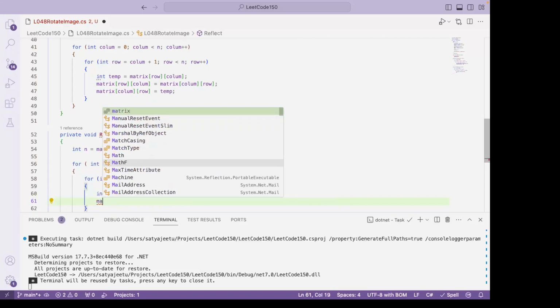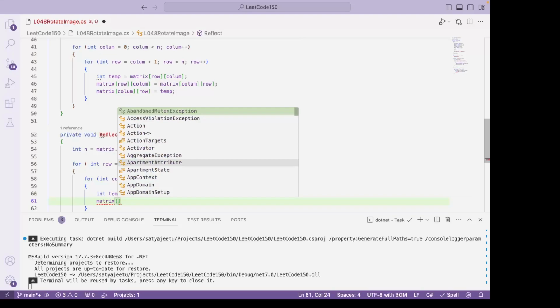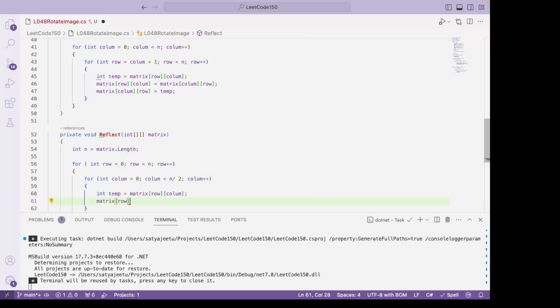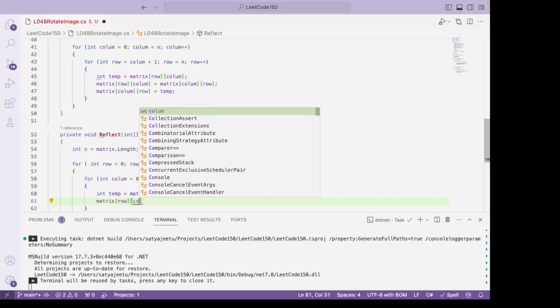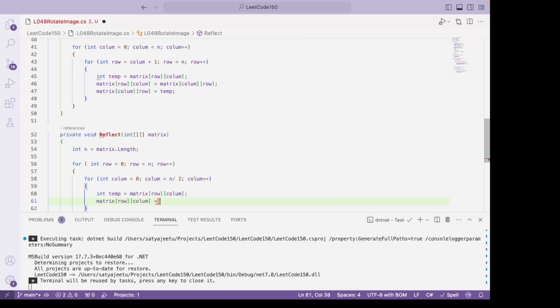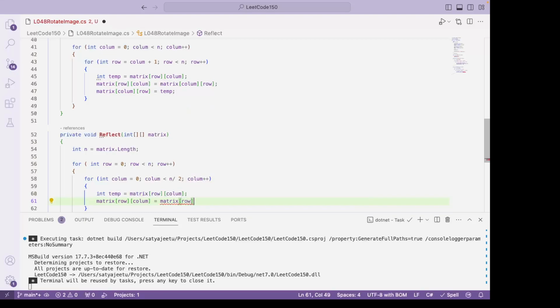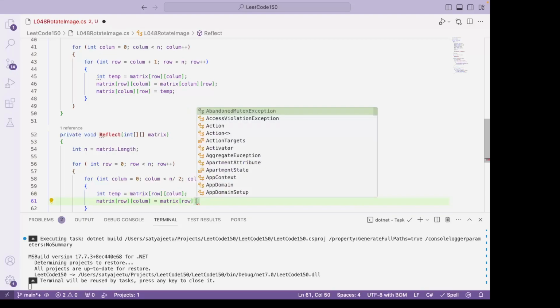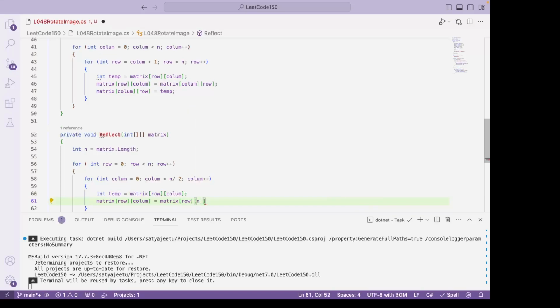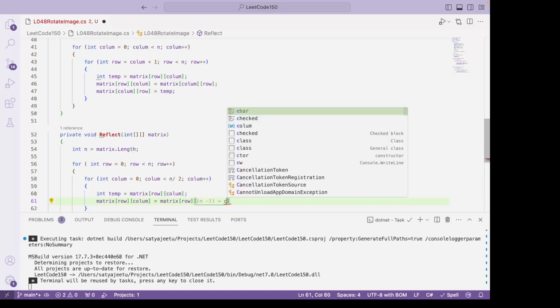Then we take matrix[row][column] and set it equal to matrix[row], the nth element from the last cell.